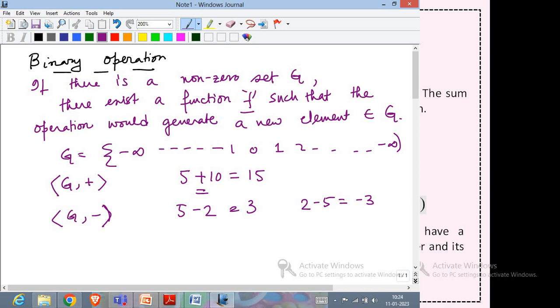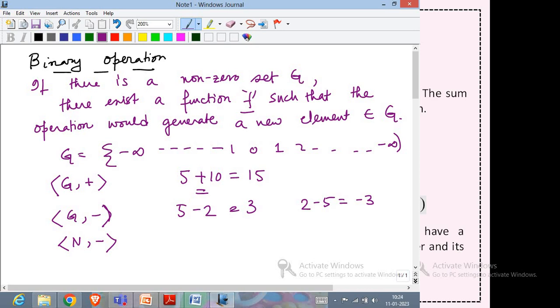But suppose I change the set to all positive integers. Now you can see N I have written, so the set changes. Important, right? Now capital N, which means all natural numbers, starts from 0 and ends at infinity. All positive numbers we have.